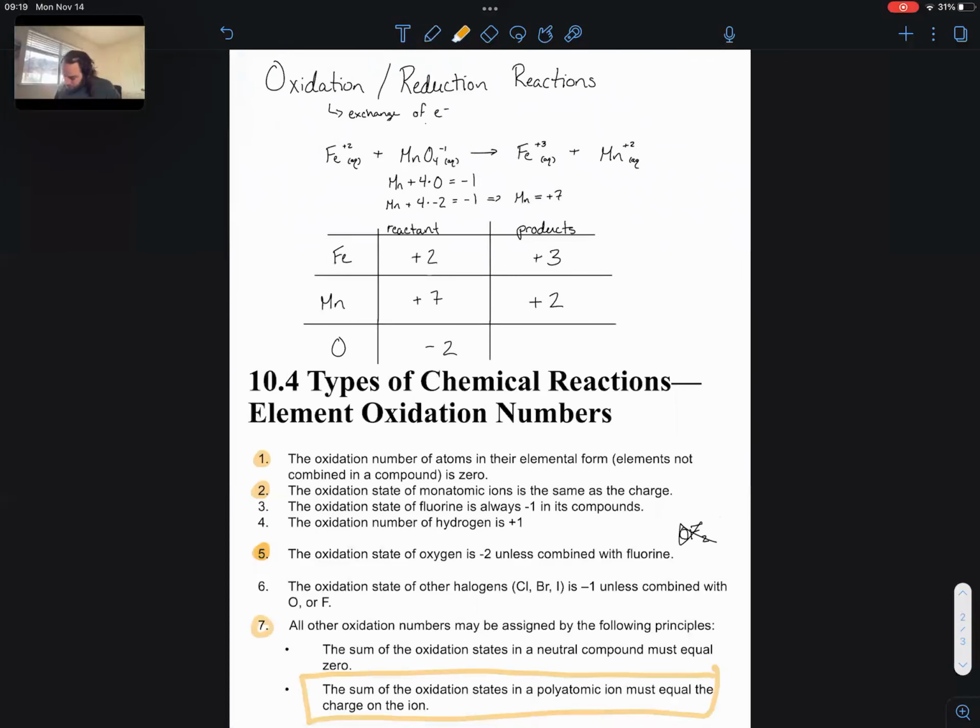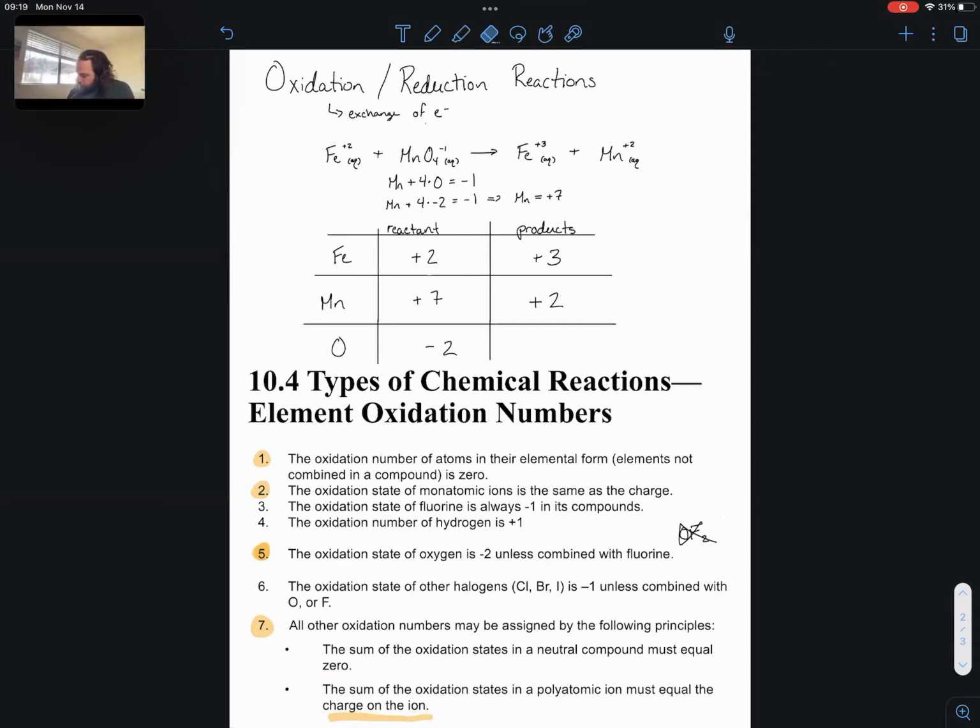Right? So again, another important rule here, because it's going to help us deal with our polyatomic ions: the sum of the oxidation states must equal the charge on the ion. And really, the sum of the oxidation states has to equal the charge, regardless of whether it's neutral, then they should sum to 0, or if there's a charge, it should equal the charge on that polyatomic ion.